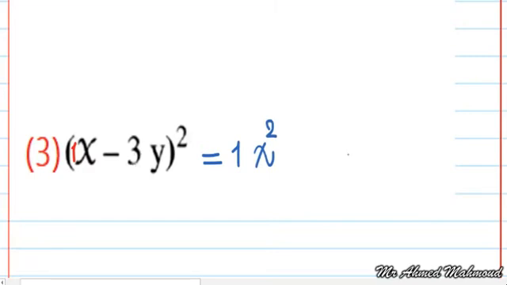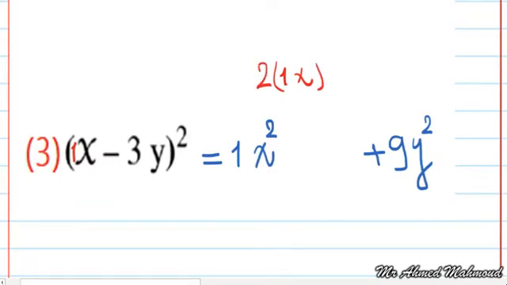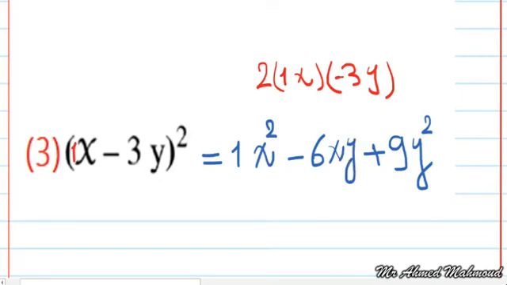Negative 3y times negative 3y equals positive 9y to the power of 2. In the middle, 1x times 2 times negative 3y. 2 times 1 times negative 3 equals negative 6, and xy dropped down.